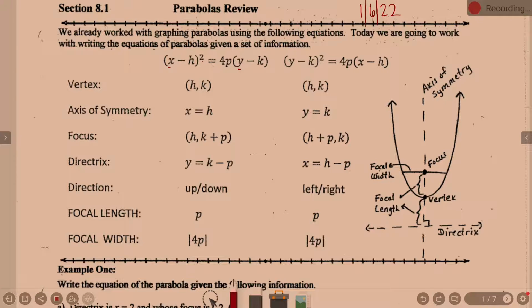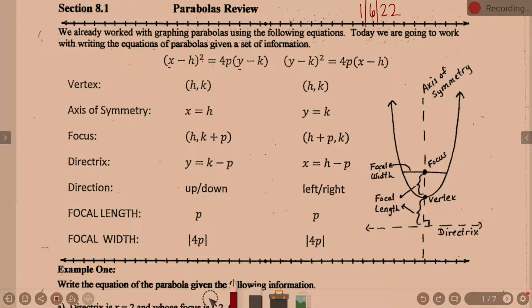We're also going to talk about something called a focus. I have a visual here of a parabola, and a focus is a point that is inside the parabola. It is the same distance from the vertex as it is from a line called a directrix.